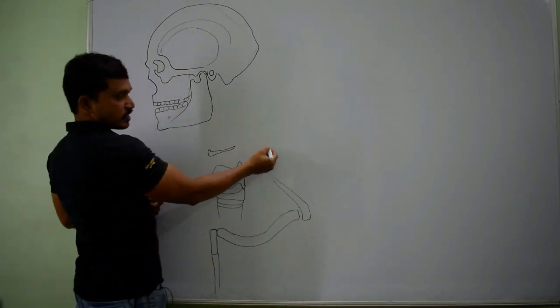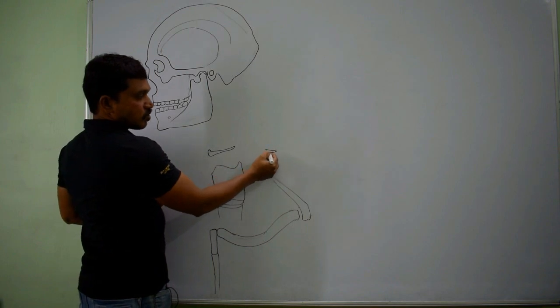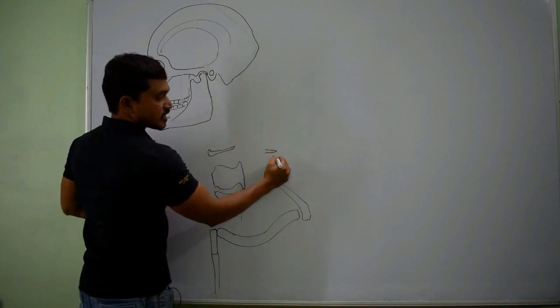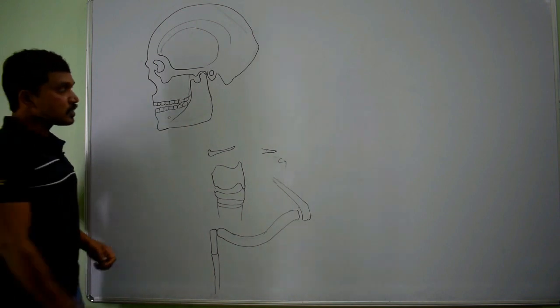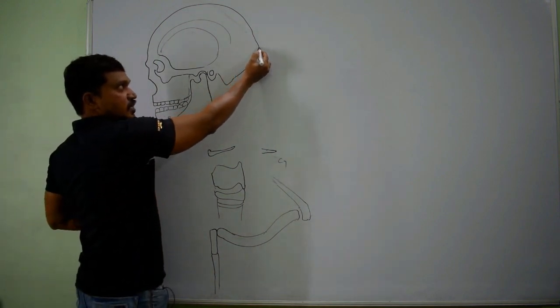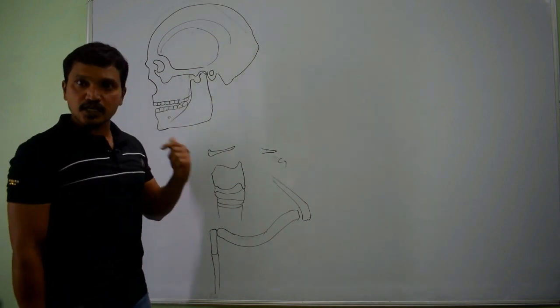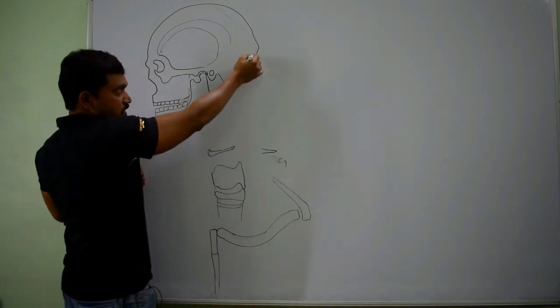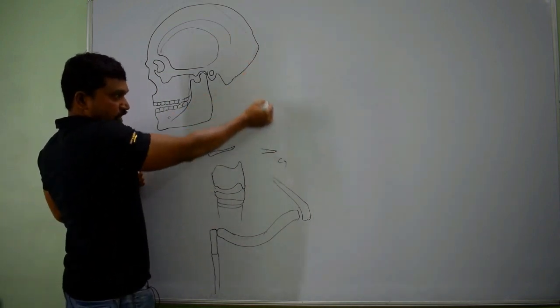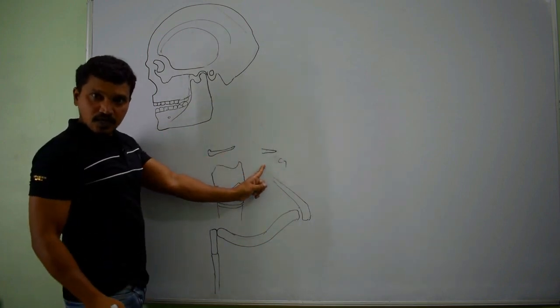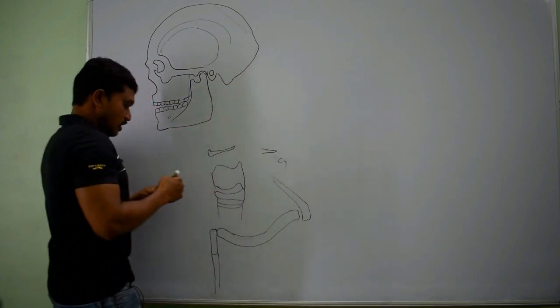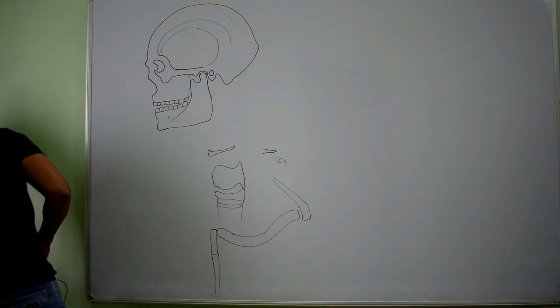Then somewhere here there will be the spinous process of C7 also. Then here, this is the external occipital protuberance. Here a crest will be there. This crest we call the external occipital crest. From the external occipital crest to the spinous process of the 7th cervical vertebra, you can see one ligament here. What is this ligament called?